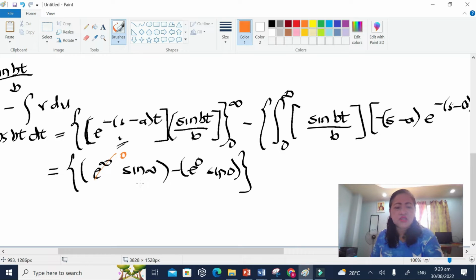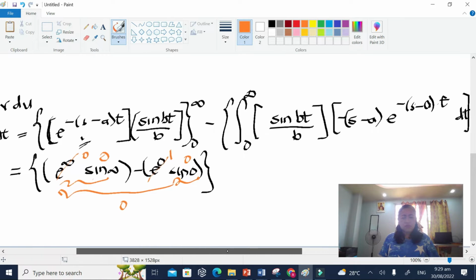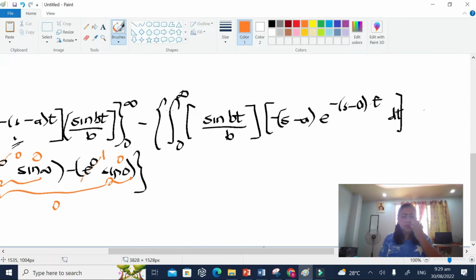Regardless of the sine of infinity, that will become 0, so this whole term will become 0. Then e to the 0 should be equal to 1, but sine of 0 will be equal to 0, so this whole term will also become 0. So what remains from our value is just this.